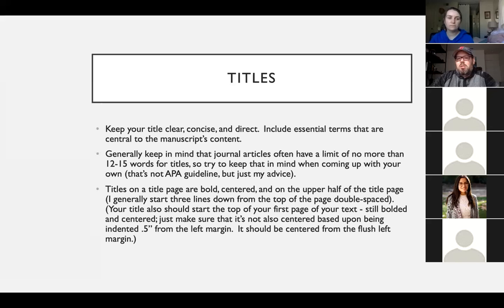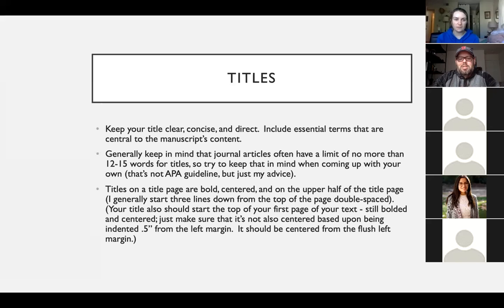So when you come up with your titles for your own work, you'd want to keep that rule in mind for yourself. And again, this isn't necessarily an APA guideline, but they do say they want to be clear and concise. So again, I think anything between 10 to 12 words or less is being concise and clear and direct.